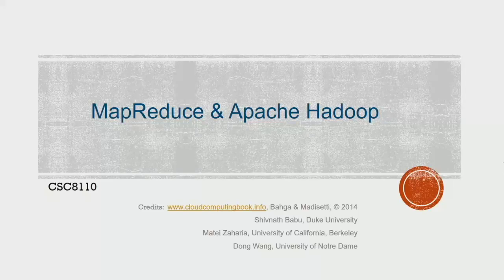So as I said, the main innovation behind MapReduce and Apache Hadoop was because we want to solve the big data problem.